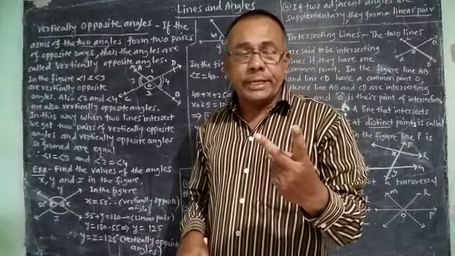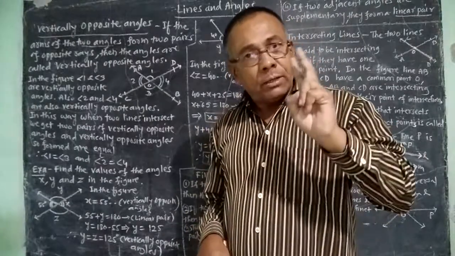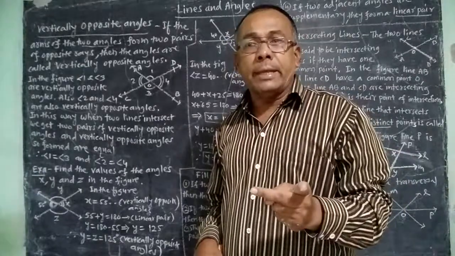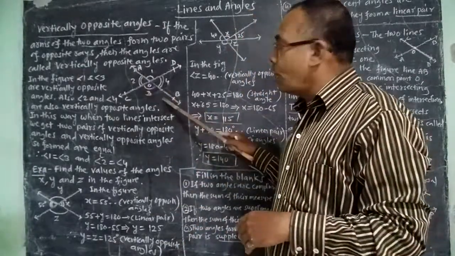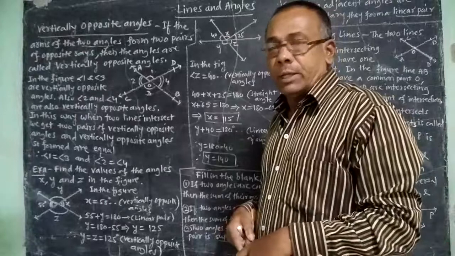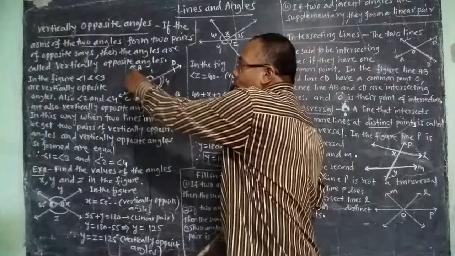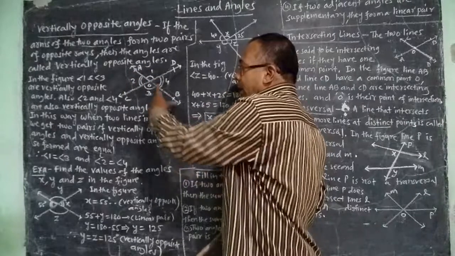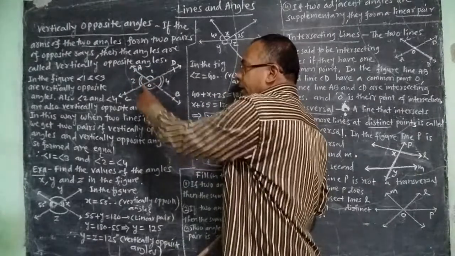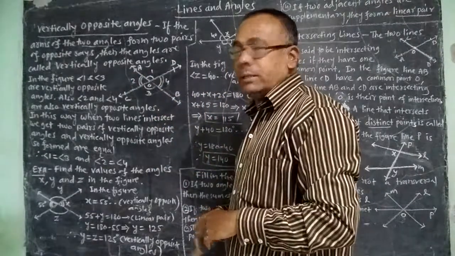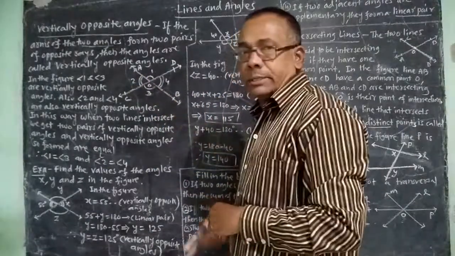And if two rays having a common initial point form a line, then the two rays are called opposite rays. So here arm OA of angle 1 and arm OB of angle 3 form a line, so they are opposite rays.